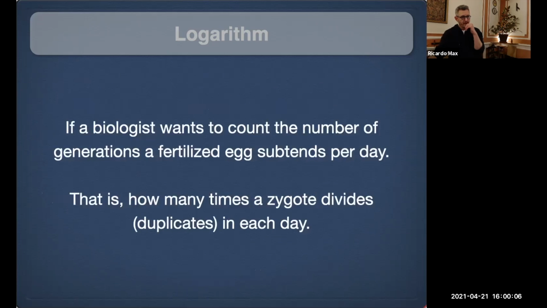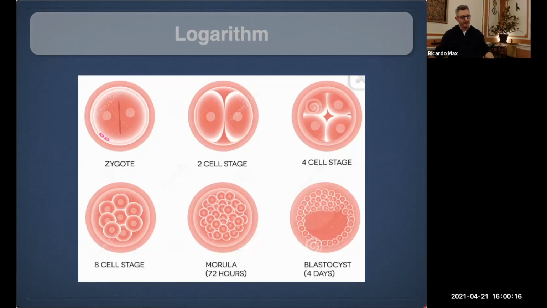I'll give you an example. Let's say that a biologist wants to count the number of generations that an egg divides. Every time a fertilized egg divides, it divides itself in 2. So a biologist wants to count how many divisions happen per day.